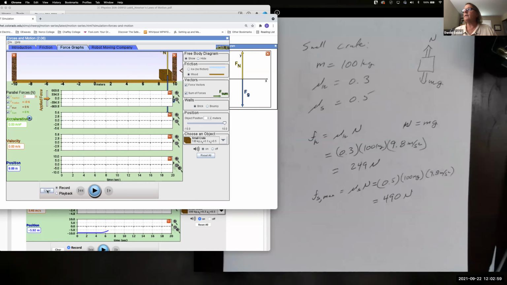We'll clear the graph. Not quite sure why this is happening this way. There we go. So pause it. Let's clear everything.